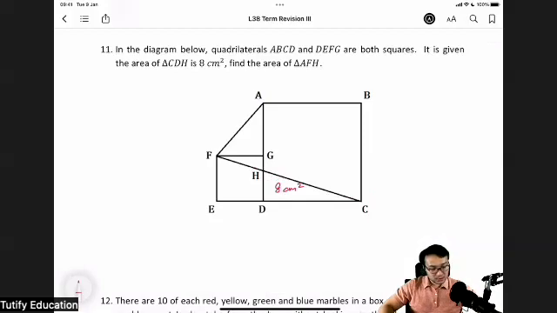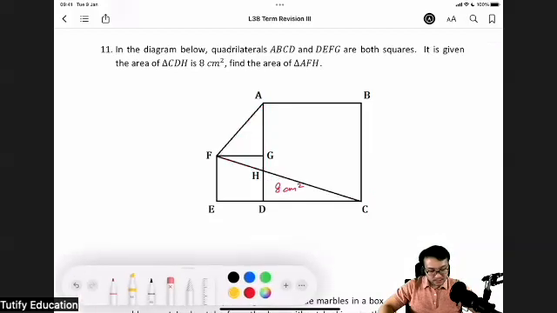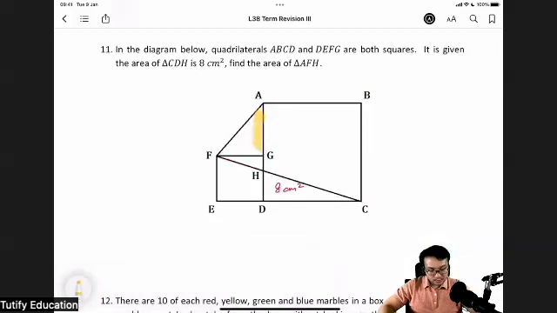Now they're asking you, find the area of AFH. They want you to find the yellow area, the yellow triangle. What is the area?